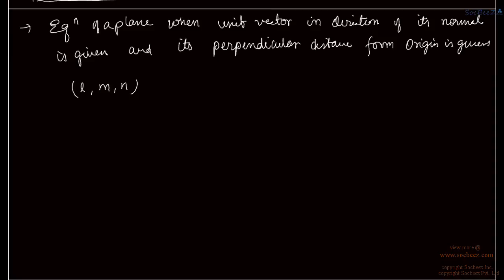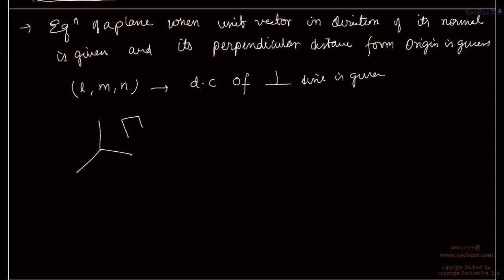That means l, m and n are given. Unit vector means l, m and n, direction cosine. That means direction cosine of normal line, perpendicular line is given, and distance of that plane from origin is given.